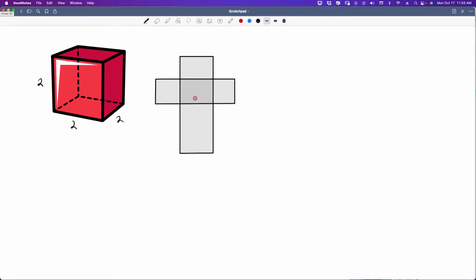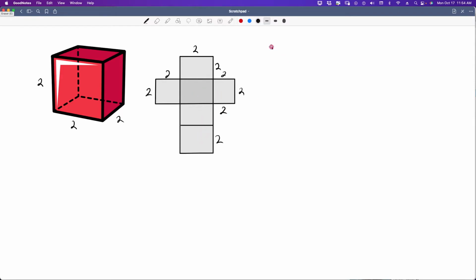So our net is going to be something like every dimension, every line is 2. So this would be 2, this would be 2, this would be 2, this would be 2, this would be 2, this would be 2, this would be 2. Everything is 2. So if all the shapes are 2 by 2, we'd have 1, 2, 3, 4, 5, 6.